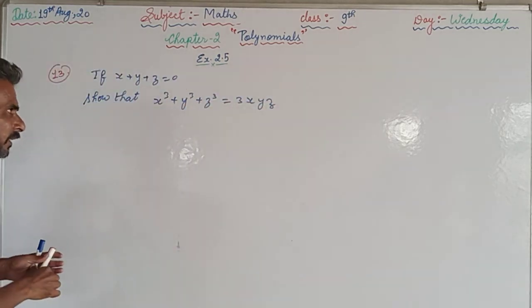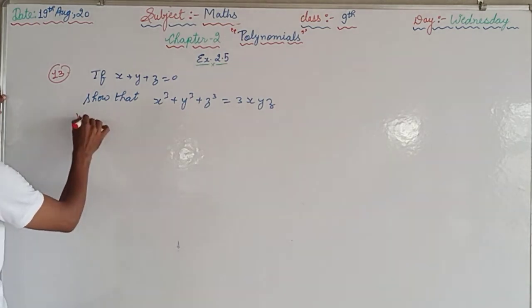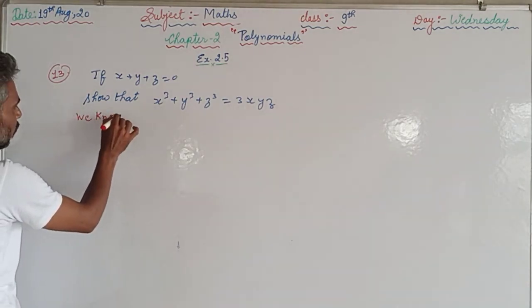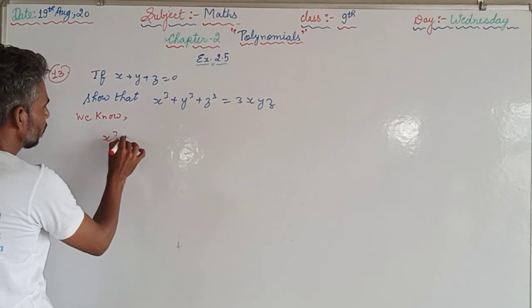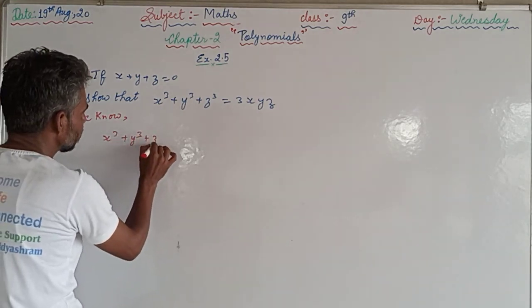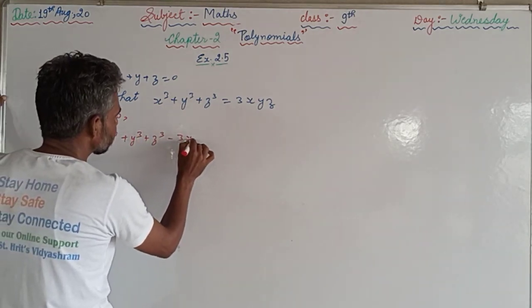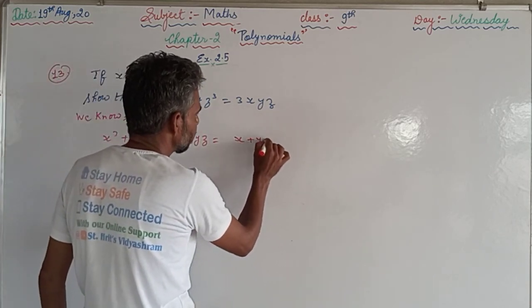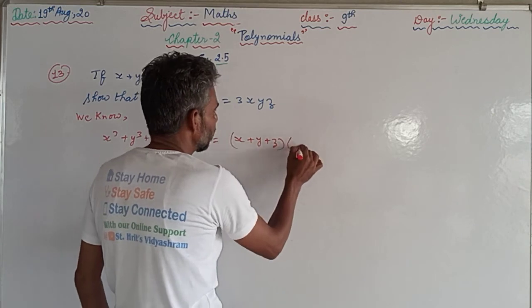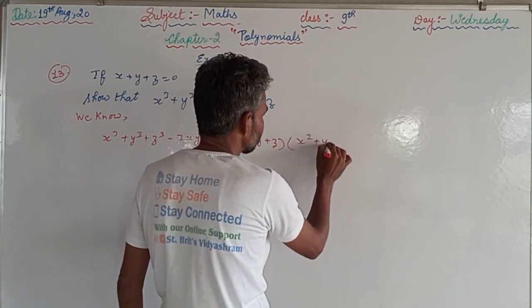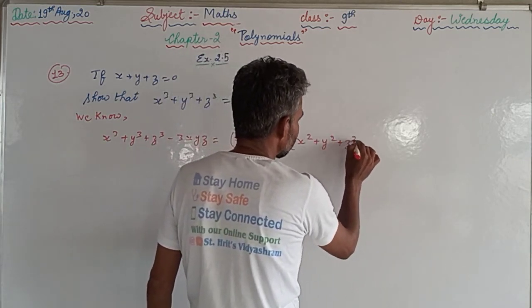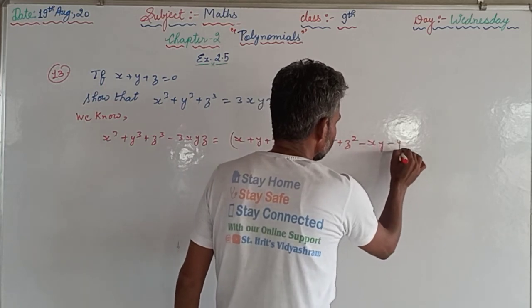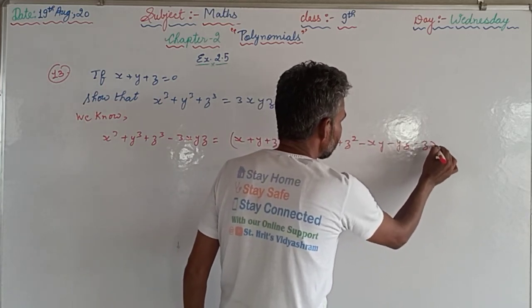That is easy. Why? Because we know that x cube plus y cube plus z cube minus 3xyz is equal to (x plus y plus z) into (x square plus y square plus z square minus xy minus yz minus zx).